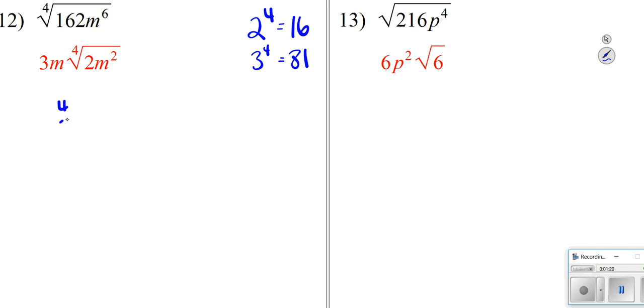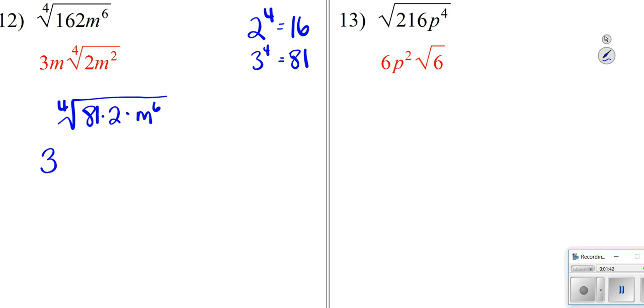So we're splitting up 162 into 81 times 2. The reason that's helpful is because 81 is perfect, we can take a fourth root of that and come out with a 3. And then we also have m to the 6, which we'll deal with in a second.